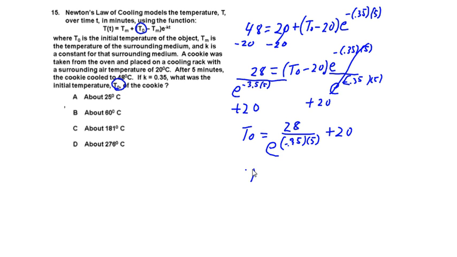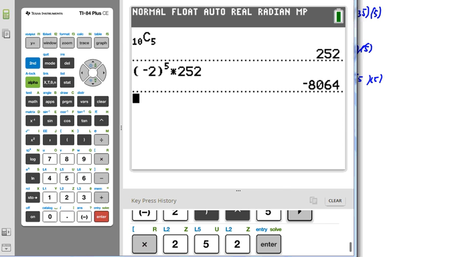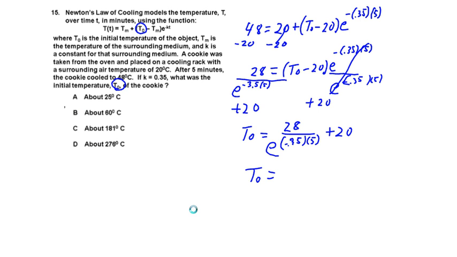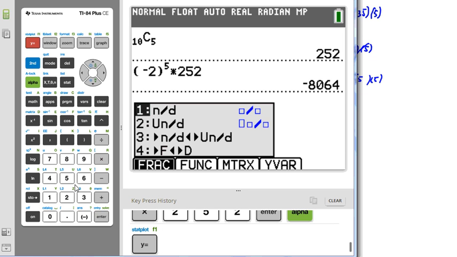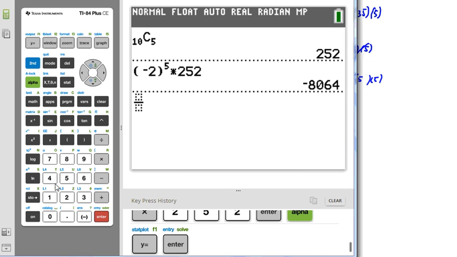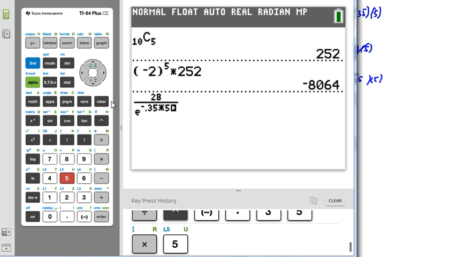And now we can just put this in the calculator. Here's our TI-84. Make sure I get this right. 28 over, e to the power of negative 0.35 times 5, for 5 minutes.